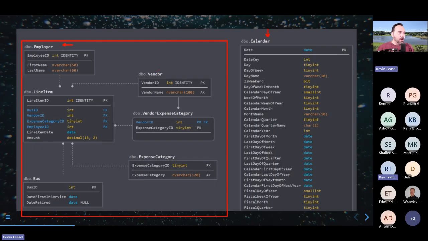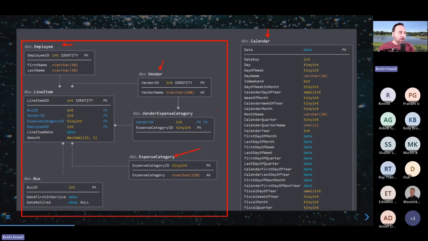We have vendors, which are the companies that are providing services to the county. So they would be the ones who might be repairing school buses or selling parts for school buses, etc. Expense categories are the specific problems, the specific things that you might see. So things like windshields or headlights or brake lights or seating material, etc.